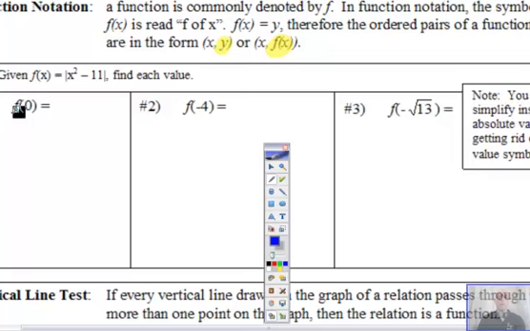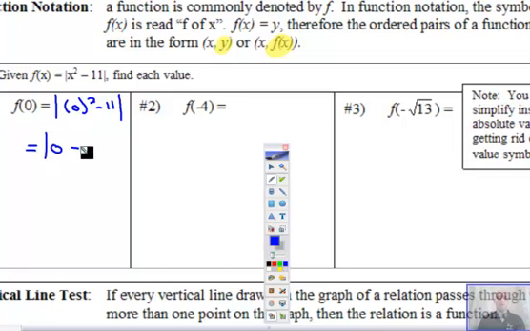So number 1, f of 0 means I'm going to take my function and replace all the x's with 0. Notice you use parentheses when you make a substitution. You do one step at a time. Math is based upon the principle of doing one thing at a time. So what is 0 squared? That means 0 times 0.